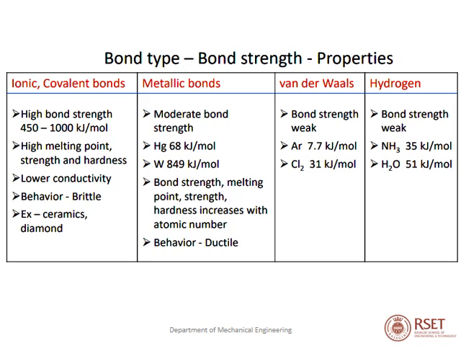You can see compounds comprising hydrogen as the primary constituent: ammonia 35 kilojoules per mole, water 51 kilojoules per mole. So this is the summary of the bond strength of different bonds that we studied for atomic interaction.